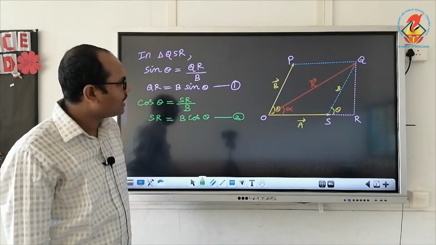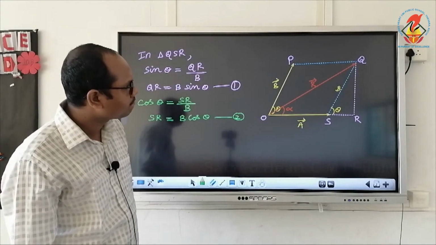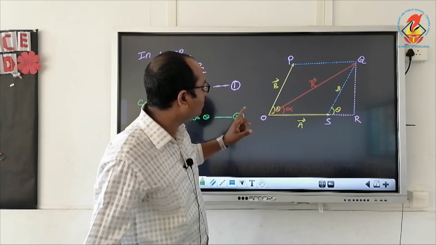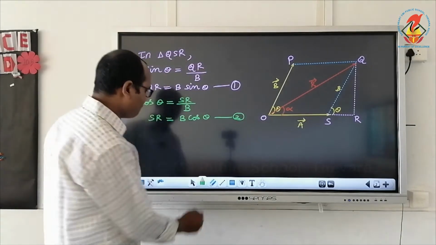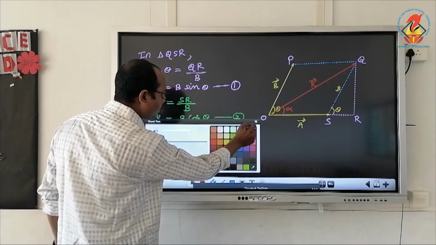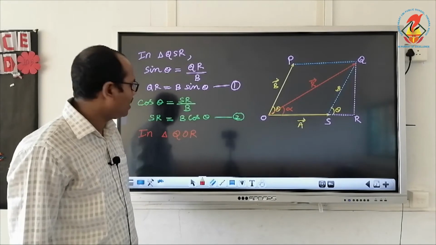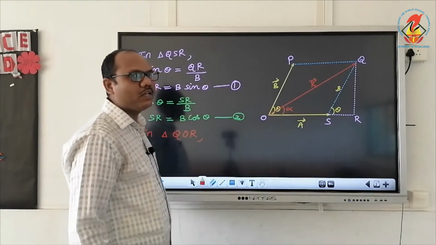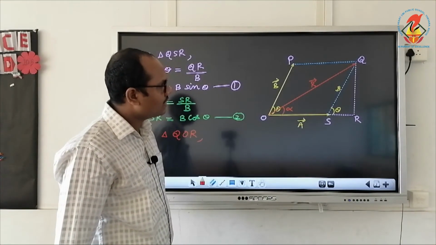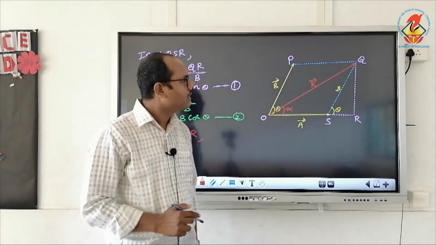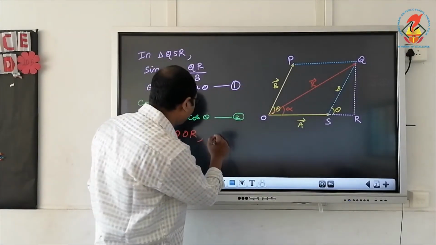Now I am going to take another triangle, that is triangle QOR. In triangle QOR, you can say hypotenuse square is equal to base square plus altitude square. So here the hypotenuse is OQ.